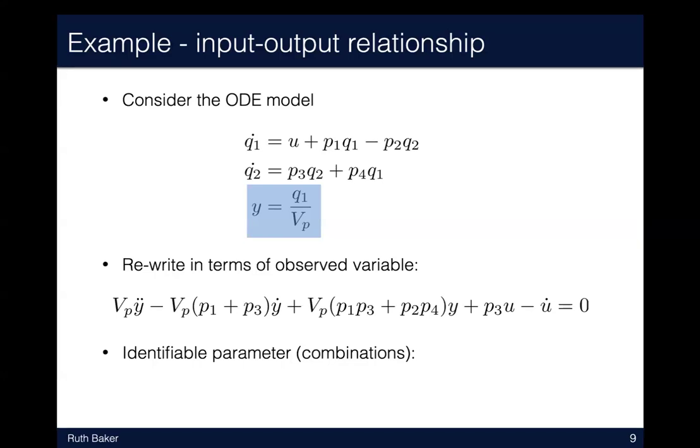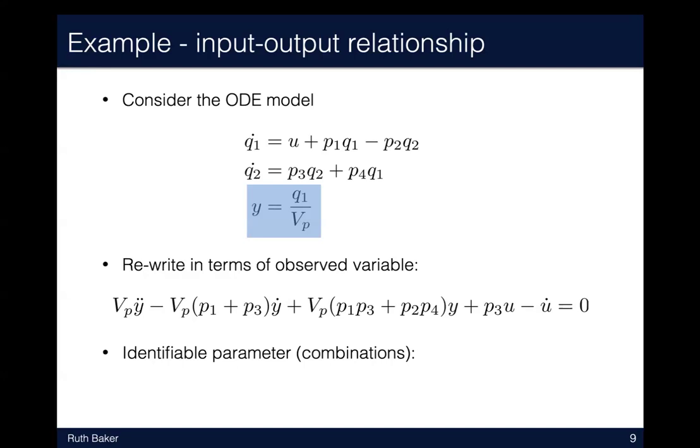And what you need to do, and it just so happens here, is make sure that one of the terms has a coefficient of 1. Otherwise you can rescale your coefficients. But the idea is that once you've done that and you've got this input-output relation, then if you have perfect data, you can estimate each one of the coefficients in front of these terms. Okay, and so that gives you the set of combinations of parameters that you can estimate.